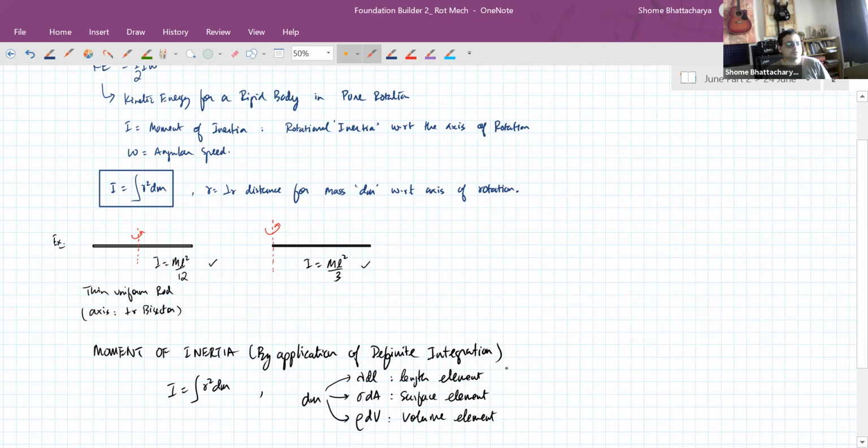This is the same concept that we had seen in the center of mass chapter. So we take length element lambda dl for dm when the mass is distributed over length, or it's a linear distribution of mass. We take surface element when mass is distributed over a surface. And we take volume element rho dv when it is distributed over a three-dimensional volume.